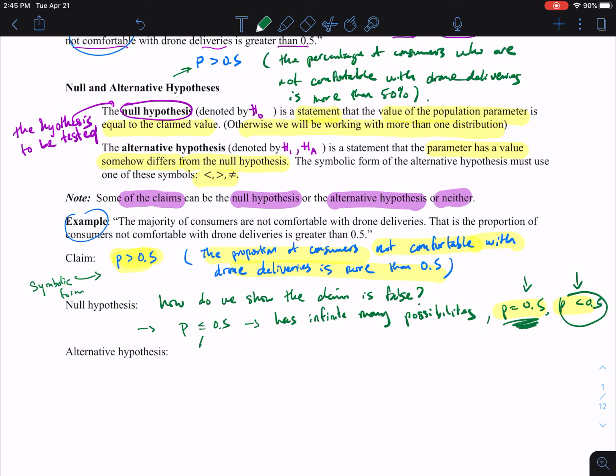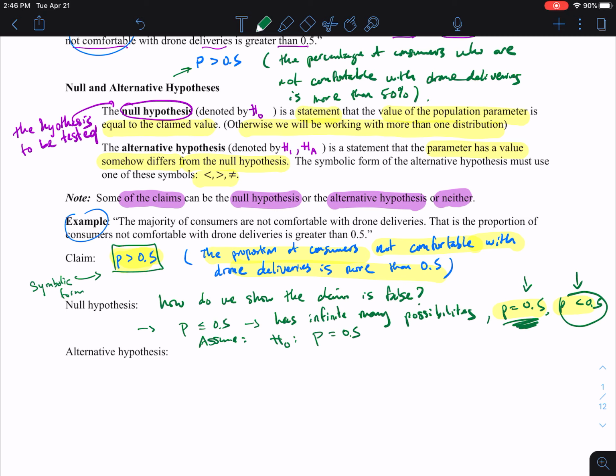So we're going to say H sub 0 denotes the null hypothesis. Assume that p is equal to 0.5. Then we test whether our data support this or not, and go back to the claim and make a conclusion about it.